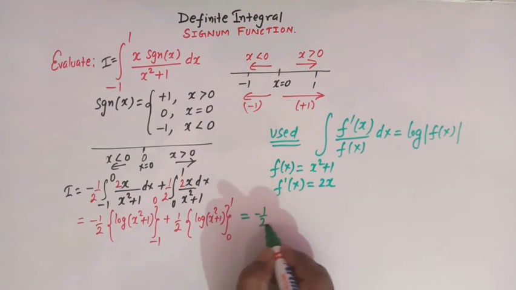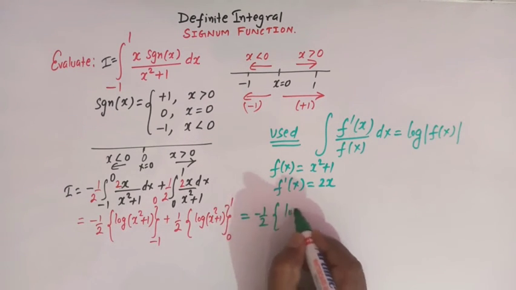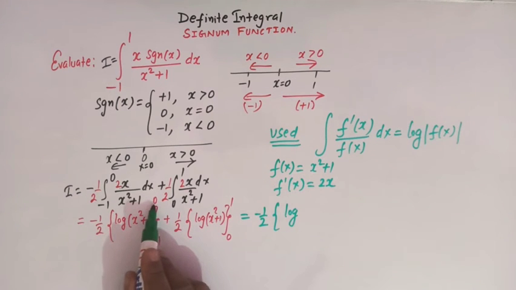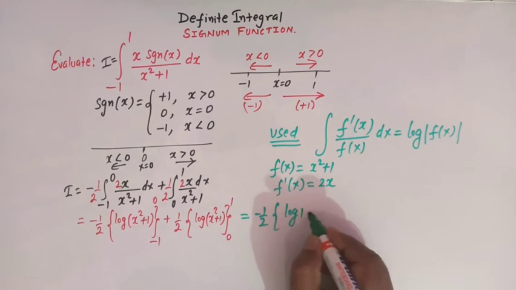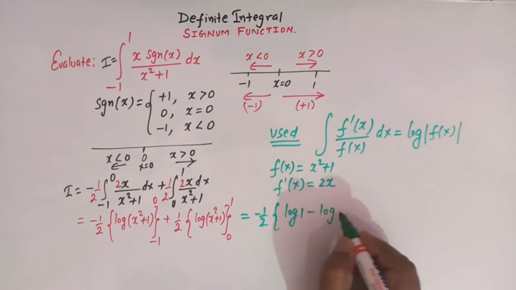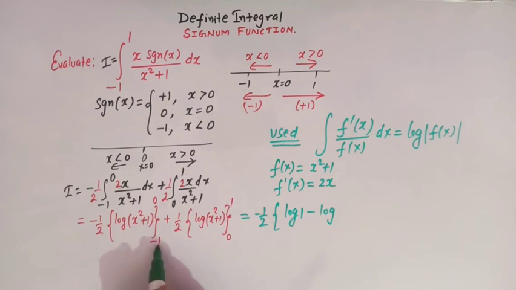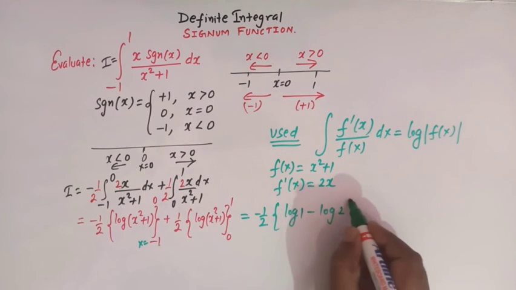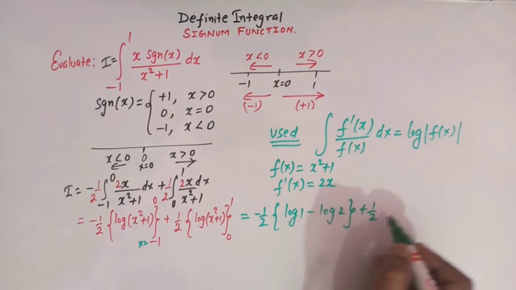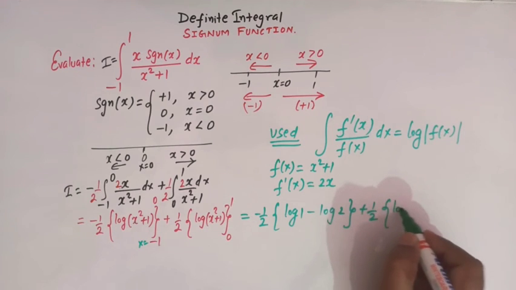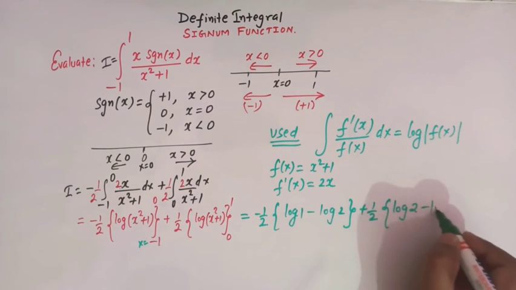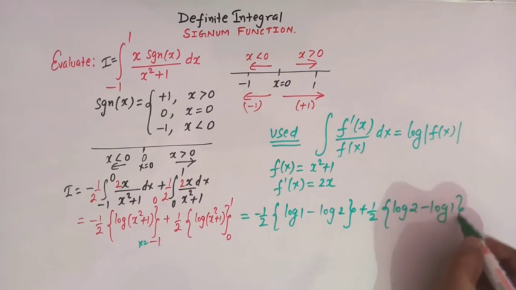So we have minus half, and here we have log of, when x is equal to 0, 0 square plus 1 is simply 1, minus log of, when x is equal to minus 1, minus 1 square is 1, 1 plus 1 is 2, and similarly here we have log of 2 minus log of 1, right?